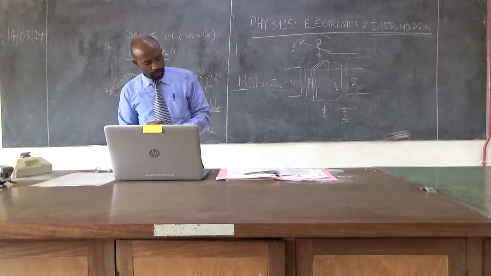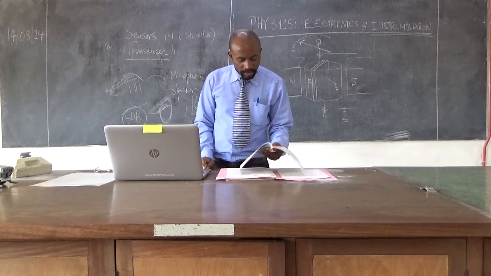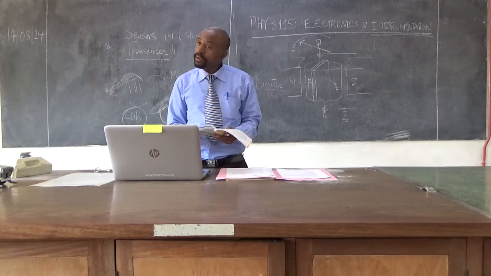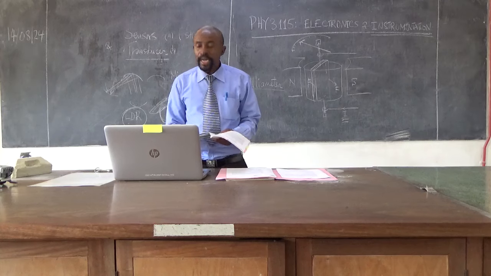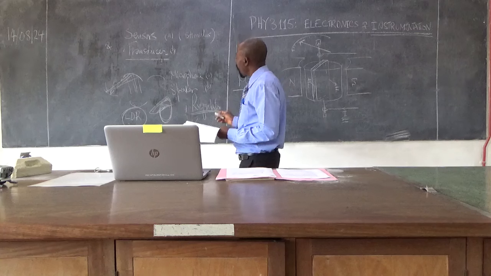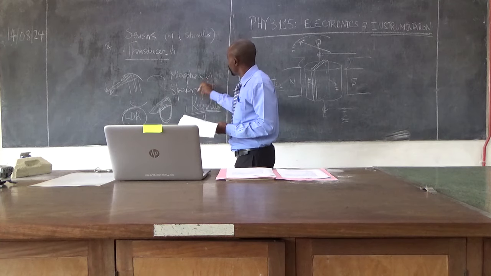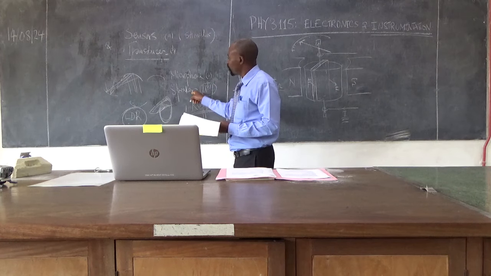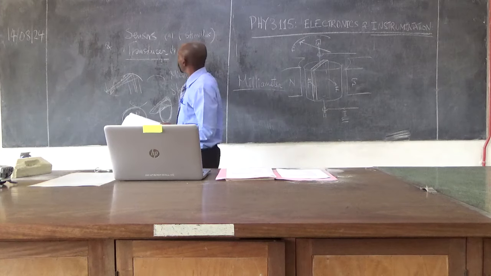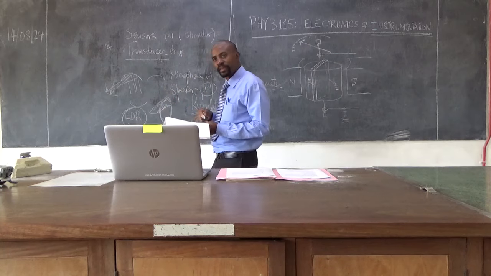The objectives of the course are that by the end of this course, you students should be able to differentiate between an input transducer and an output transducer. The idea of a transducer is that it can be an input and an output device.